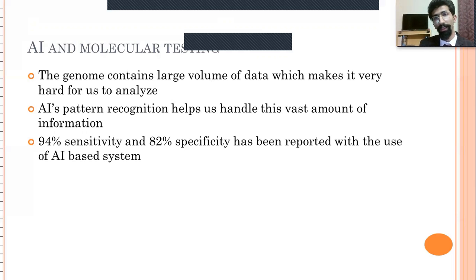So here, the pattern recognition ability of the AI comes in handy, and this ability of AI makes it possible for the machine to recognize patterns and to handle that vast amount of information there. 94% sensitivity and 82% specificity has been recorded with the use of AI system in the molecular testing.